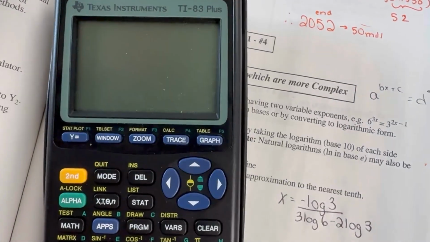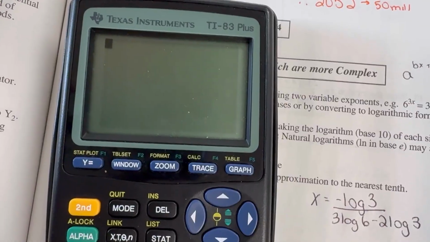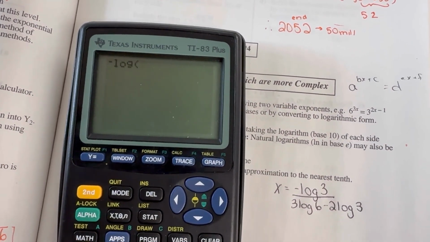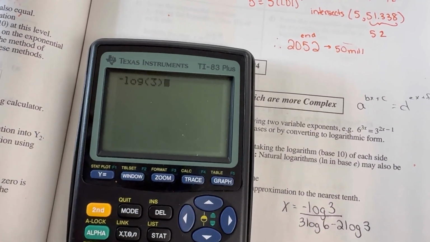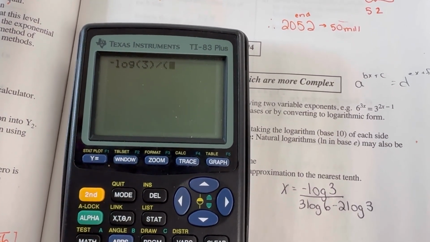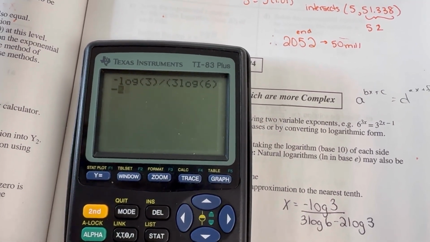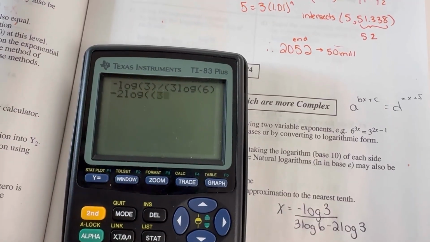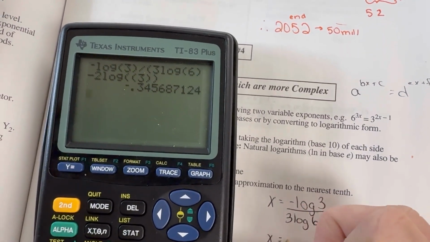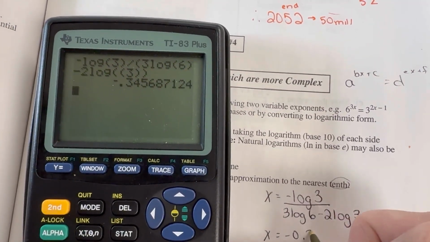You just have to plug this in, and you probably want to make sure that you are using your brackets. So we've got negative log 3 divided by, in brackets, 3 log 6 minus 2 log 3, and I get negative 0.3 to the nearest tenth.